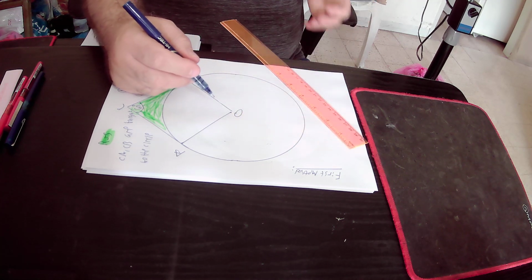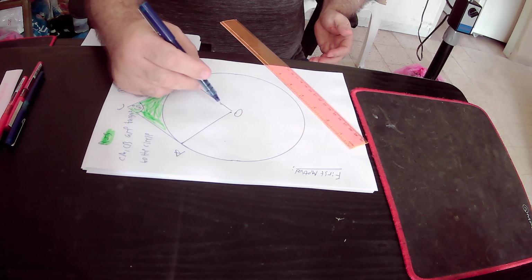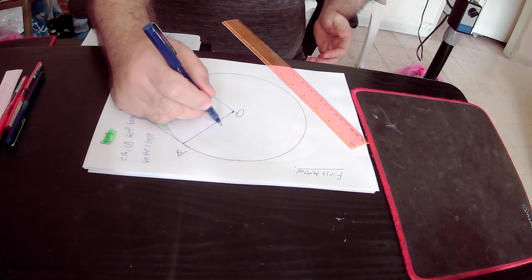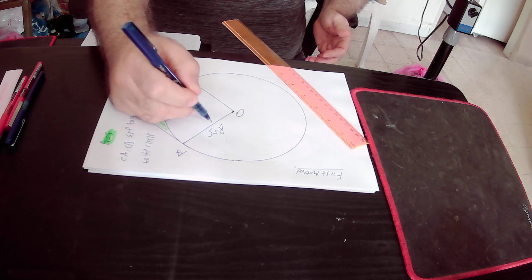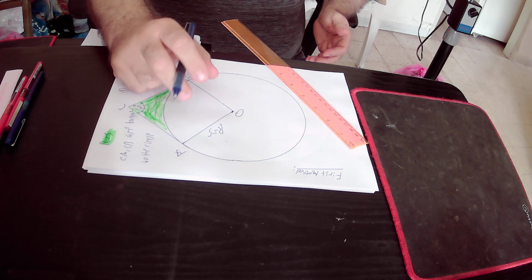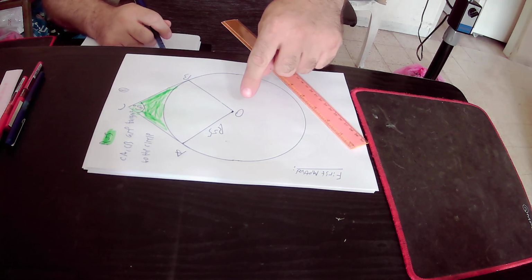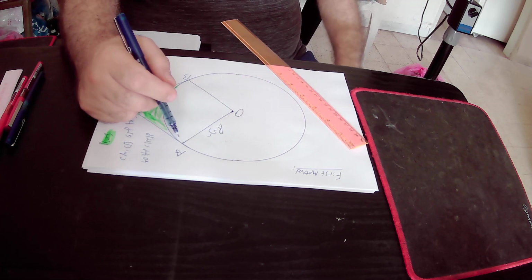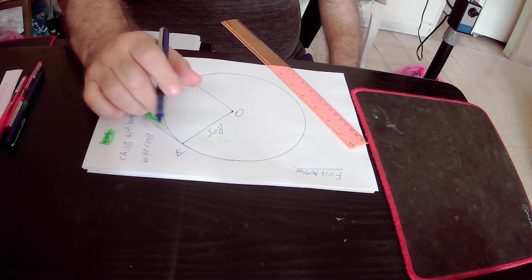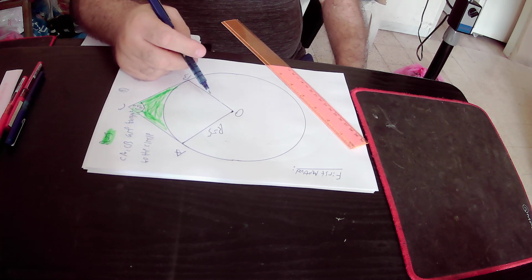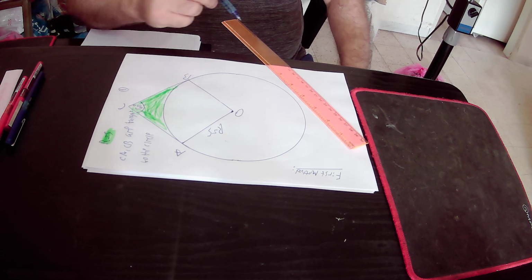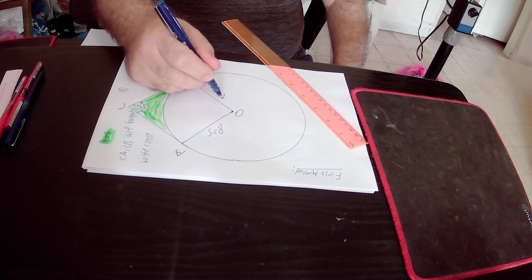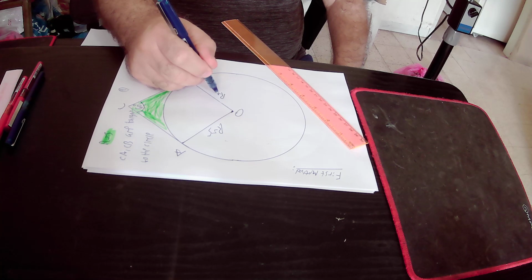AO is the radius of the circle that equals 5 units, because line segment AO starts from the center of the circle, point O, and ends at point A, a point on the circle itself. Therefore AO is the radius that equals 5 units, and for the same reason OB is also the radius of this circle that equals 5 units, according to what is given in the question.